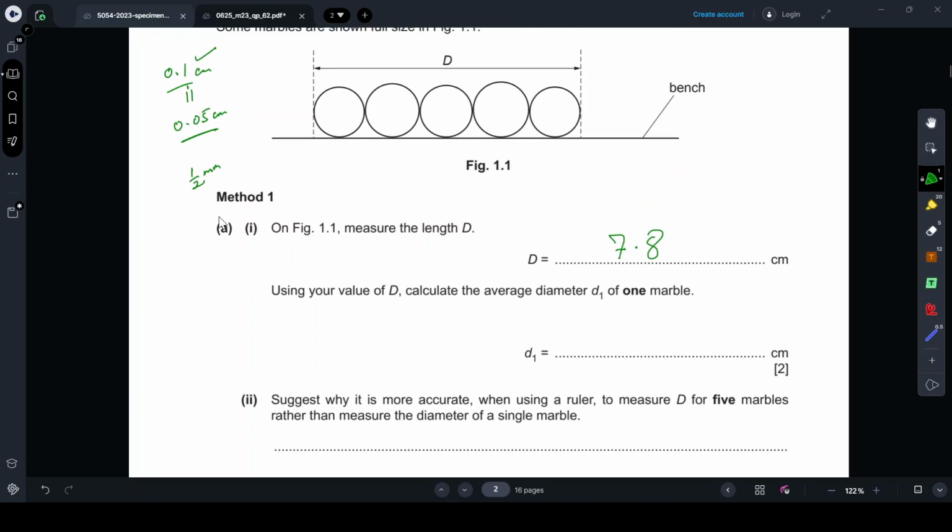Now using your value of D, calculate the average diameter of one marble. Now how are you going to do that? Could you scroll up to the question?